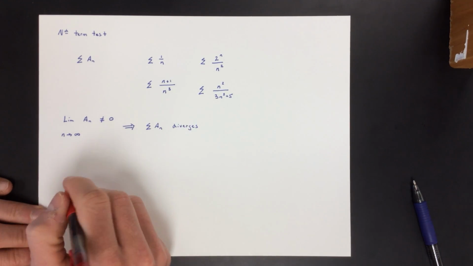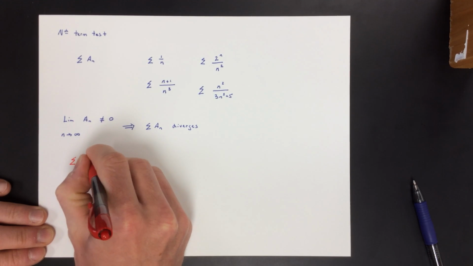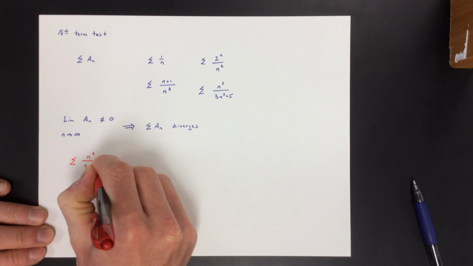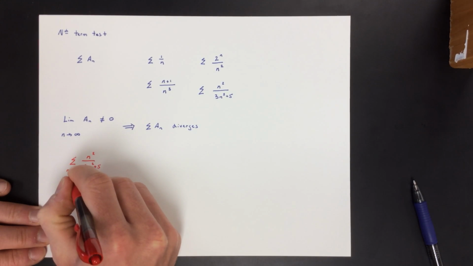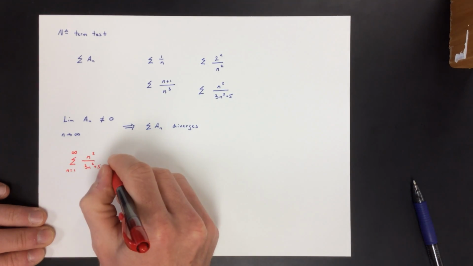Okay, that's kind of the poster child for it. If I gave you this series, the summation of n squared over 3n squared plus 5, from n equals 1 to infinity, we could look at that series, okay?